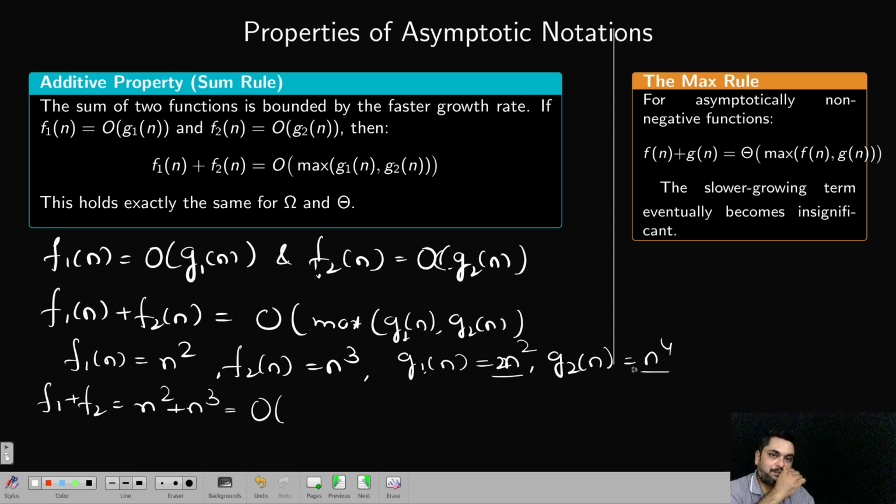If I add these two functions, it will be 2n square plus n to the power 4. That means it is big O of n power 4 only. So the maximum of these two is the upper bound.